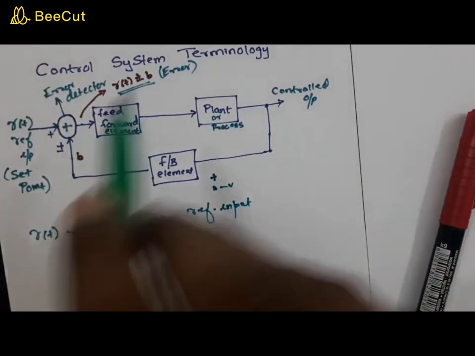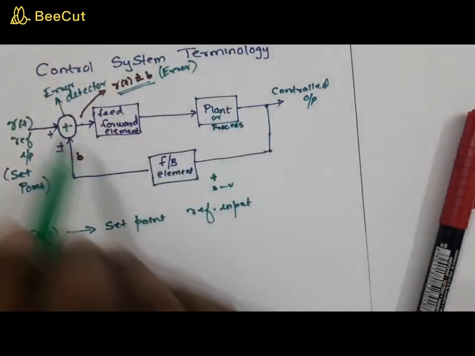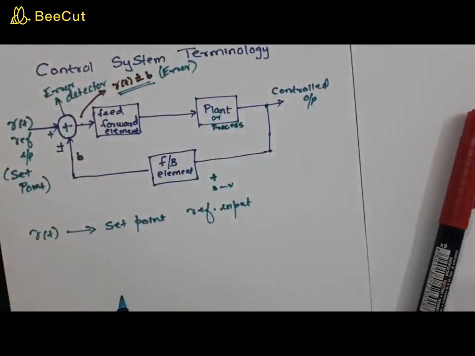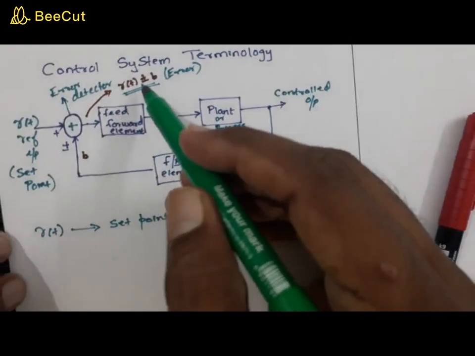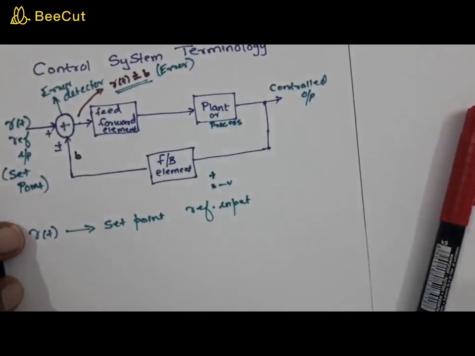The primary objective of especially a closed loop control system is to minimize the error, or to make this error signal zero. Is it clear?